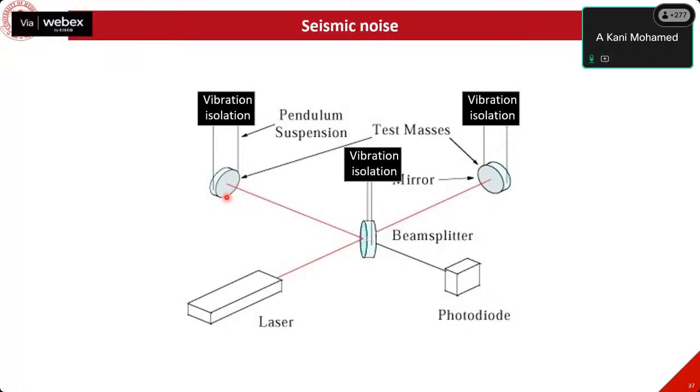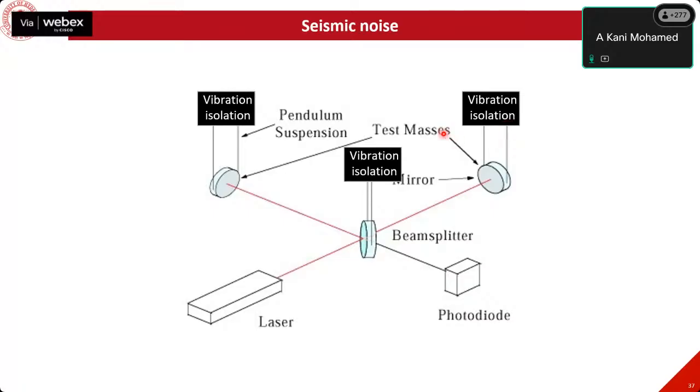And now the mirrors are not touching the ground. Instead, they are hanging from the vibrational isolation systems. All the optical elements that they use are hung on the vibration isolation systems, which completely eliminates even tiny seismic vibrations that occur for many reasons.